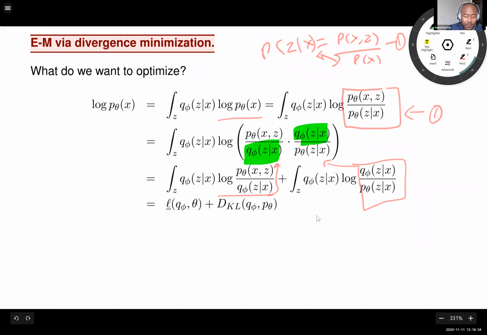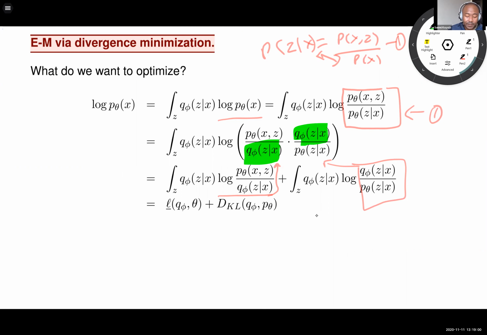Okay. And what is interesting and nice about this decomposition is that it allows you to write the log likelihood as a sum of 2 terms. We didn't do this earlier. Last time when we derived this lower bound, we just stated it and then worked through why it's a valid lower bound. You can think of what we're doing now as deriving it from first principles. It turns out to be useful for this problem.